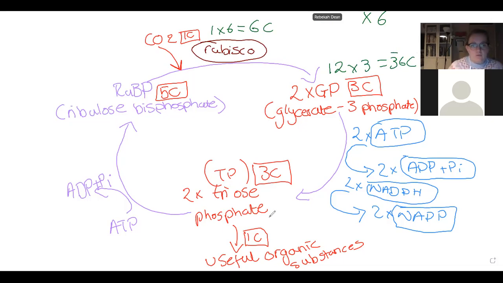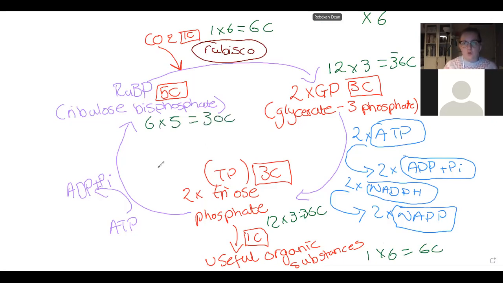Down here, again, we'll have 12 of these, so it'll be 36 carbons. Here, 1 carbon goes off, so 6 carbons go off to make glucose. And then here, obviously, we'll have 6 lots of that, times 5 would equal 30. So again, it balances out the whole way round. And that is the Calvin cycle, which is our light-independent stage of photosynthesis. So let me just stop recording.